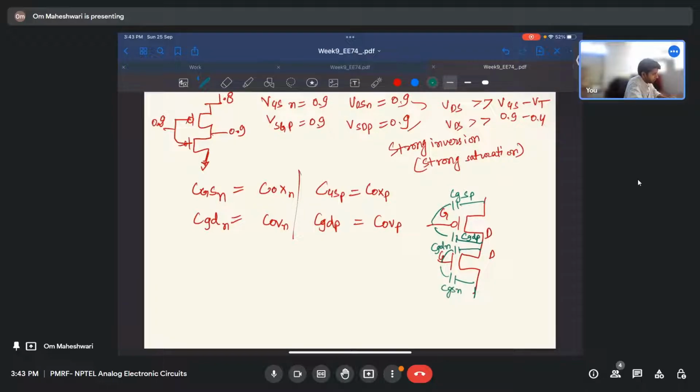So we know that total CIN equal to CGSN plus CGSP plus CGD. Okay. Now, if we resolve these, how to resolve this? Let me take an image.